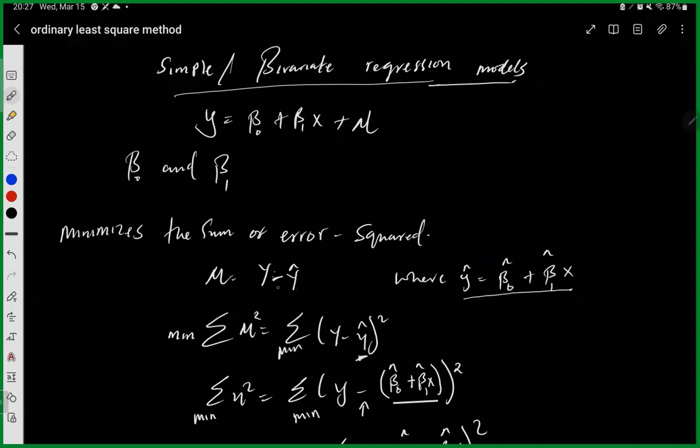The difference between the two is the errors. So the ordinary least square method tries to make the error as small as possible, so that our estimators are as close as possible to the actual relationship. That's what it does.